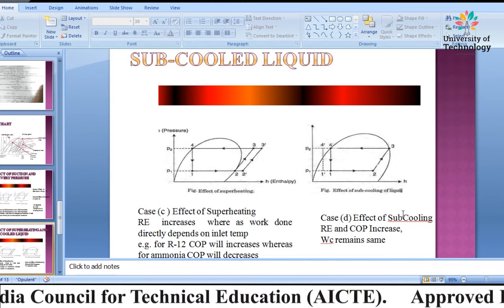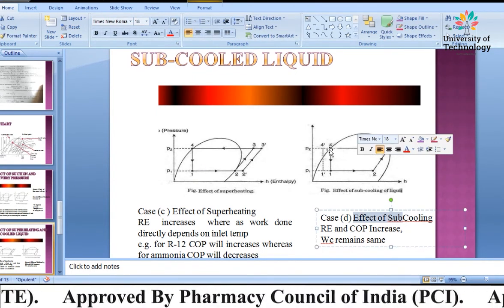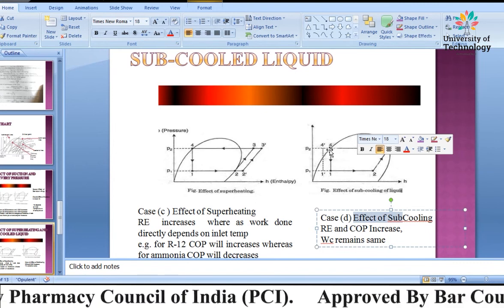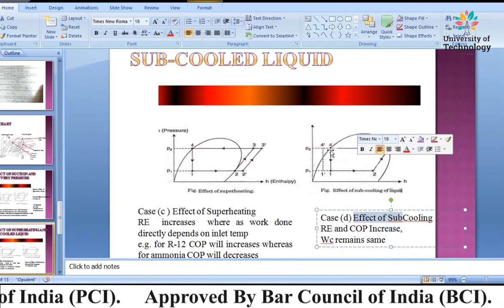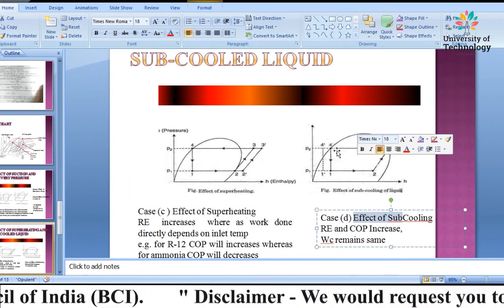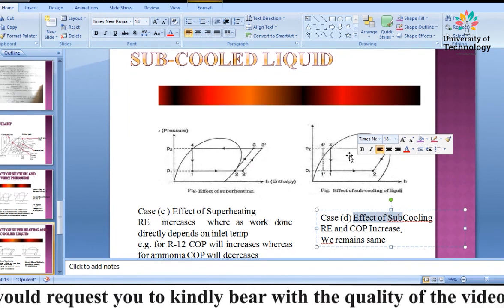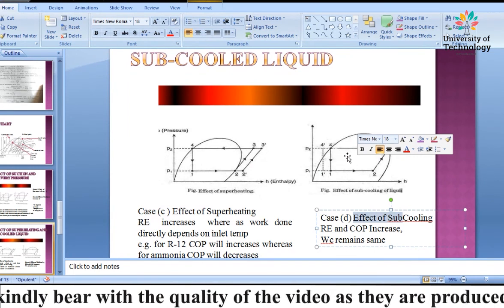The amount of undercooling: what is undercooling? 4 to 4'. The amount of undercooling is limited by the temperature and the quantity of cooling fluid available and the essential temperature difference required for the transfer of heat.